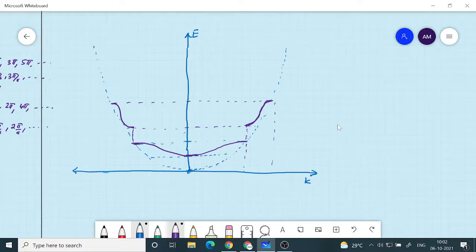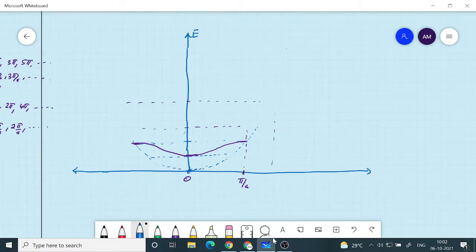So let me just modify it a little bit. Let me draw it like a better parabola. So if this is 0, then this is pi by a, then I have to take equal pi by a for the next, which will come somewhere like this.